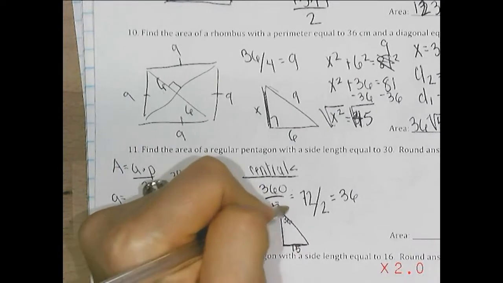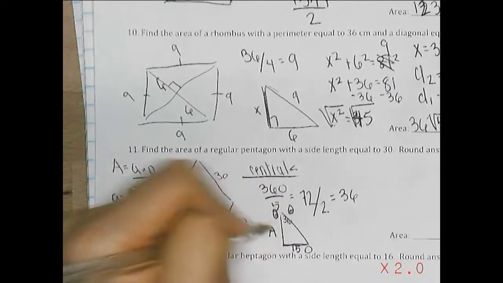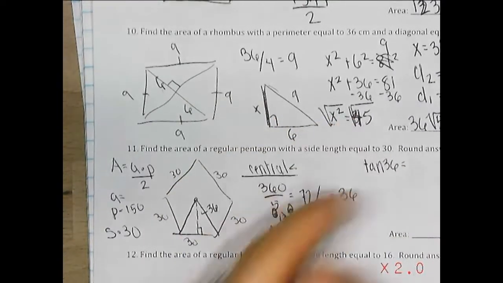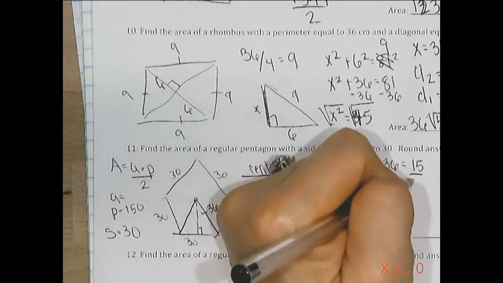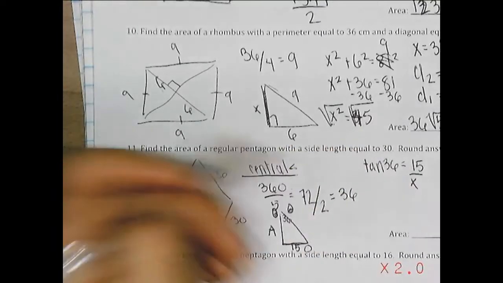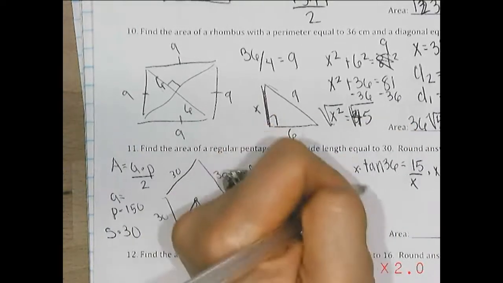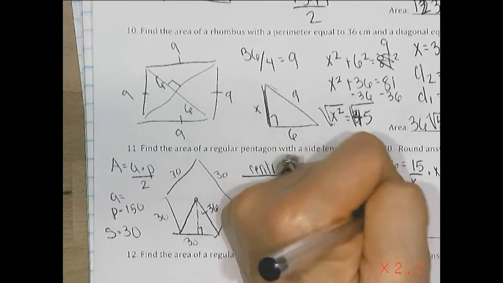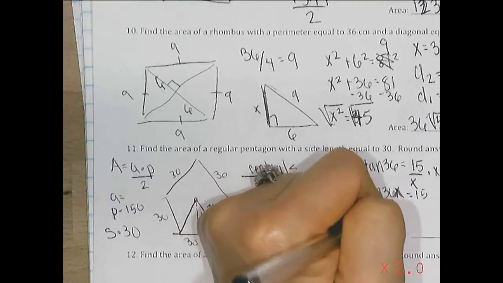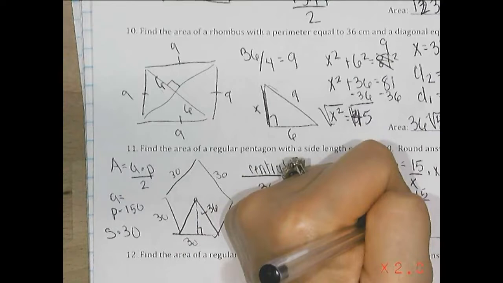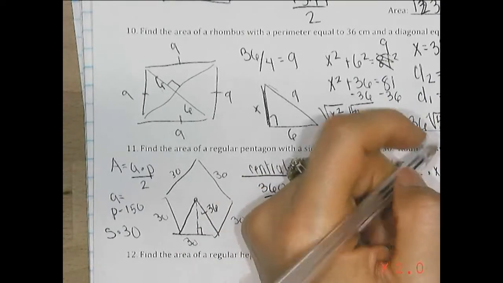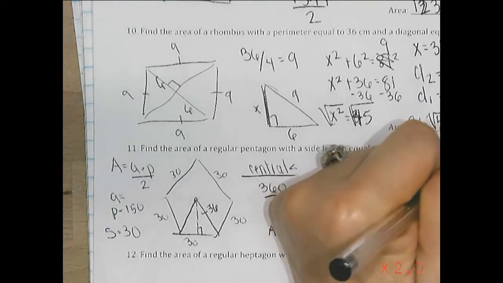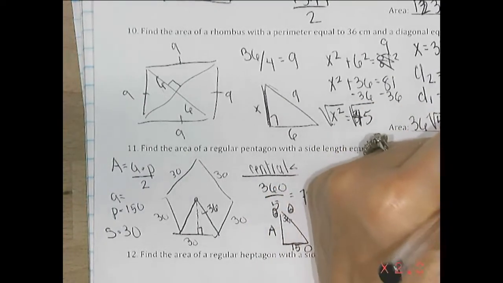I'll put my googly eyes on it, and this would be my opposite, this would be my adjacent. I would have tangent 36 equals my opposite, 15, over my adjacent, which we'll just call x. Multiply both sides by x, end up with tangent 36 times x equals 15, divide by tangent 36, divide by tangent 36. And I get x equals 20.65.